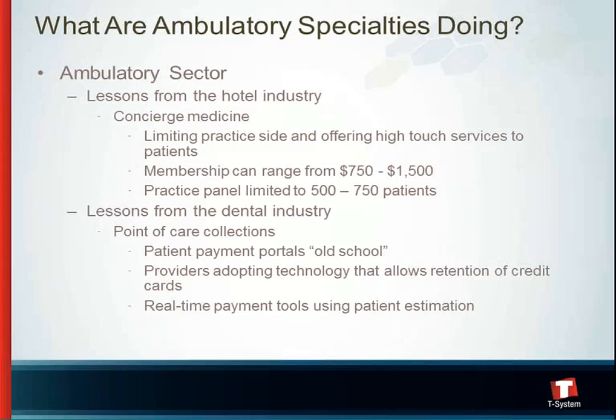They're typically limiting the size of their panels to anywhere from 500 to 750 patients. Certainly not applicable in the ER space, but it's one of the things they're doing on that side.